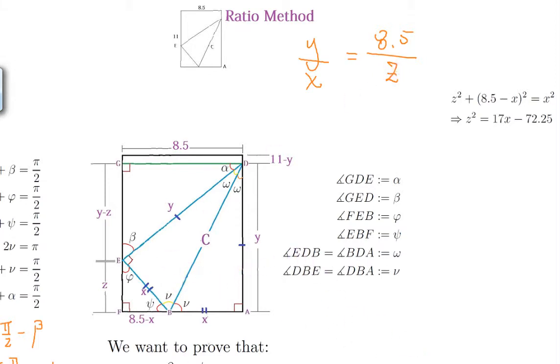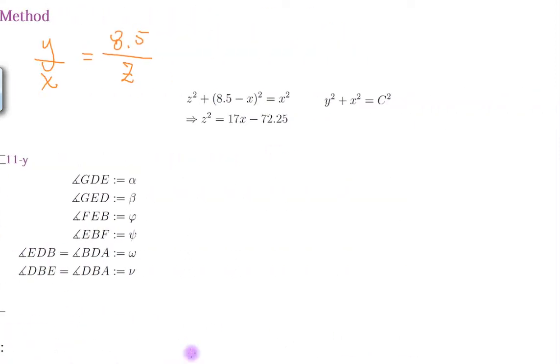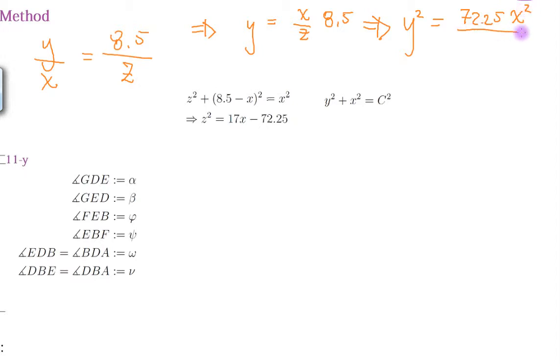Okay? Now, this implies, let's move it a little bit to the right, that y equals x over z times 8.5. Now let's square both sides. We have y squared equals 72.25 x squared divided by c squared.